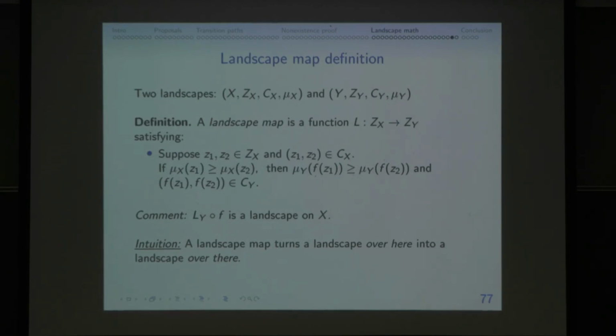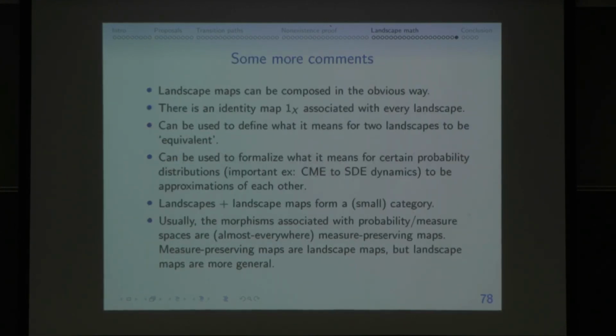And if you write down this definition, it has the nice property that if you compose a landscape map, F, with one of the landscapes, it turns into a landscape in the other system. It turns a landscape over here into a landscape over there. Couple last comments before I conclude.